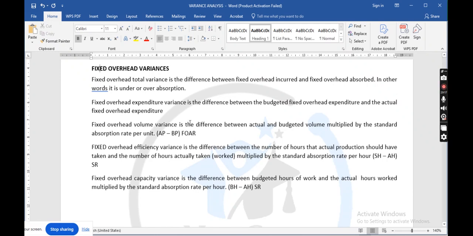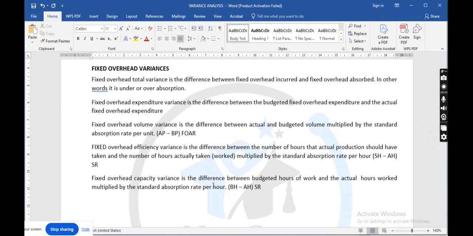Then, don't forget, fixed overhead variance is divided into two, the expenditure and volume. The volume is divided into efficiency and capacity. Any time you want to measure efficiency, it is hours. When you want to measure volume, it is units.